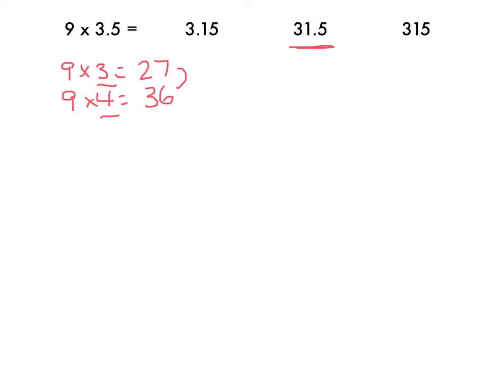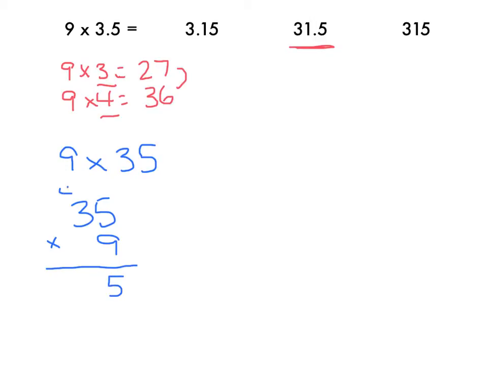What I'm going to do is solve the problem thinking about this as whole numbers. So instead of thinking of it as 9 times 3 1/2, I'm going to think of the problem as 9 times 35. So 35 times 9. I'm going to use the traditional algorithm. 5 times 9 is 45, and 3 times 9 is 27, plus 4 is 31.